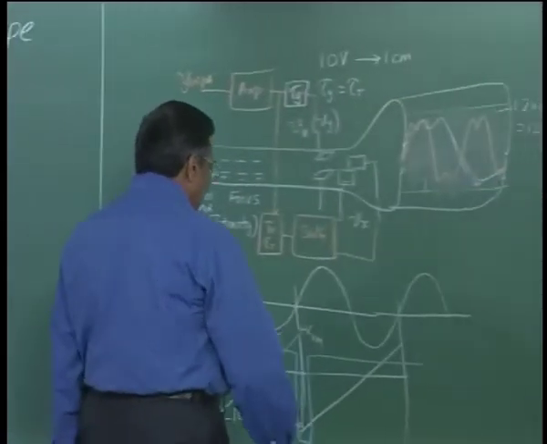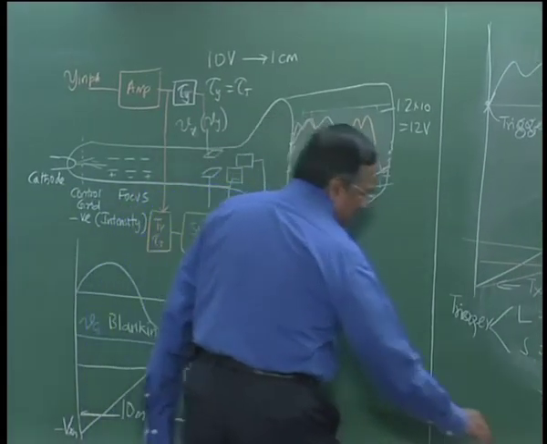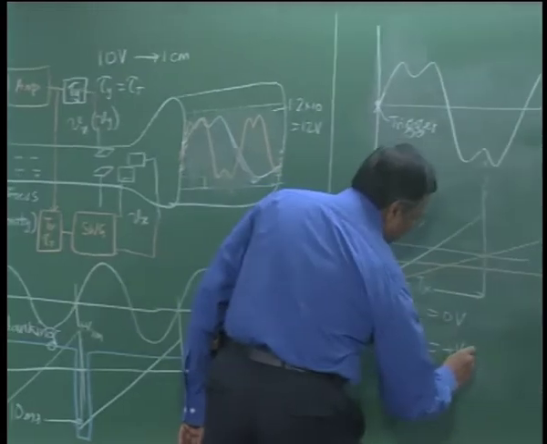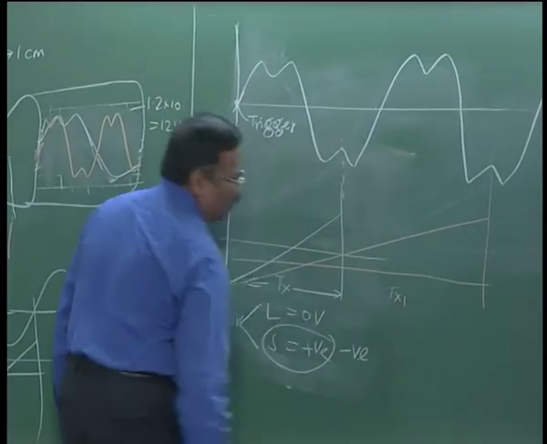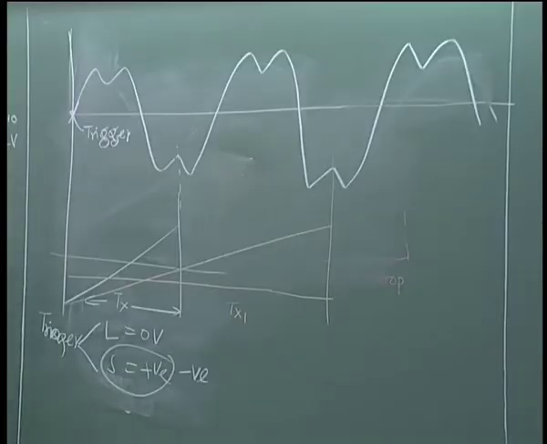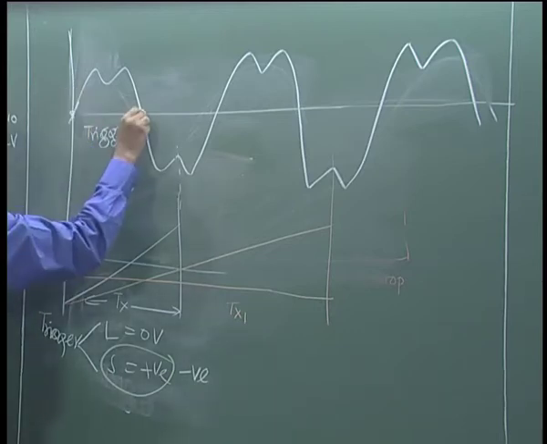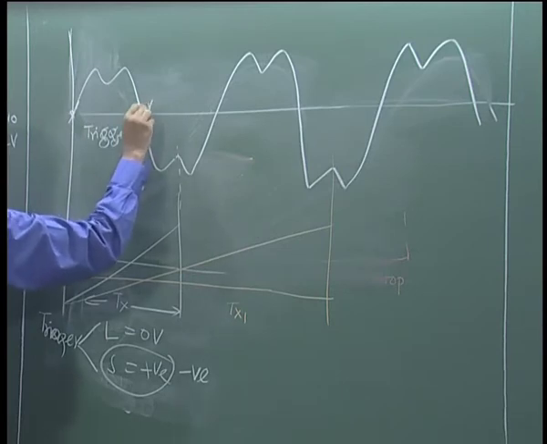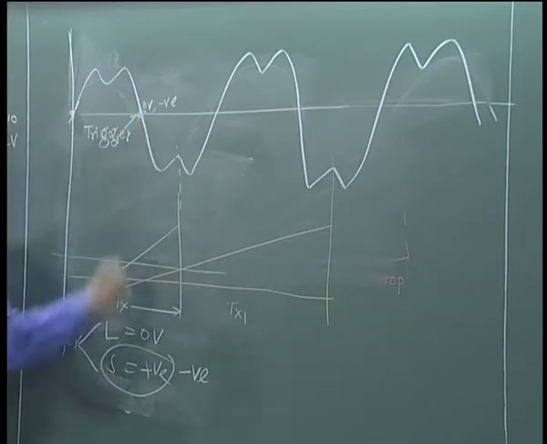Now, let me say I have kept 0 volts, but I had made the slope negative, right. I made the slope negative. Now, this is no longer the trigger, here is 0 volts, comma, negative, right.